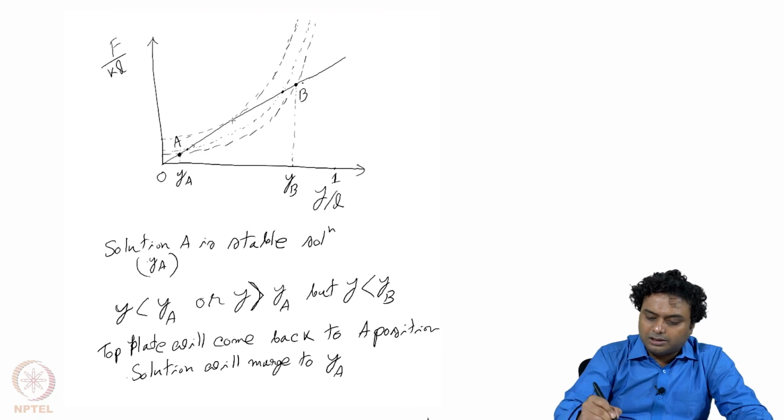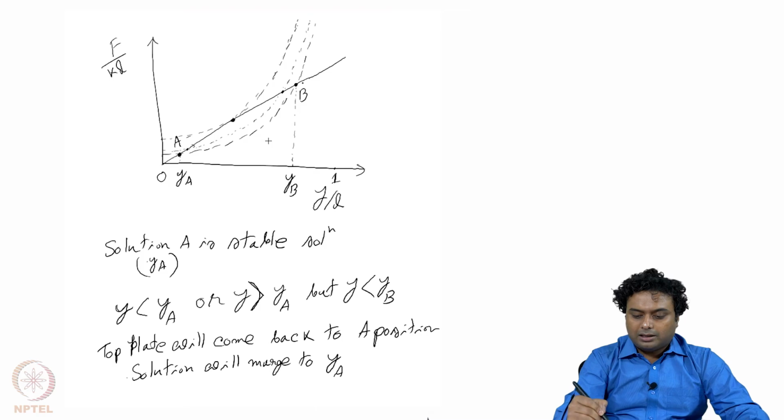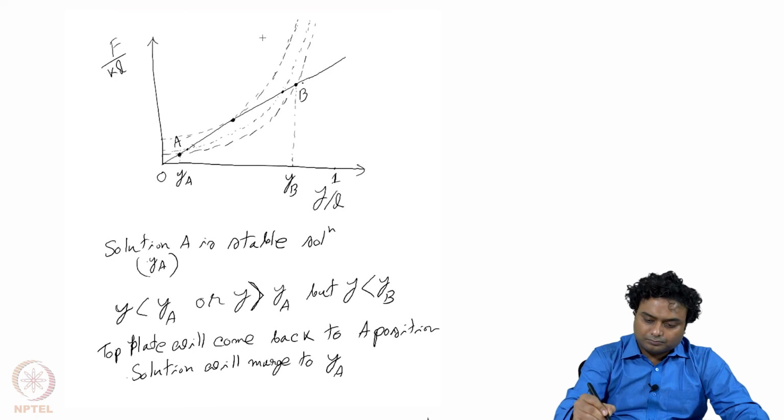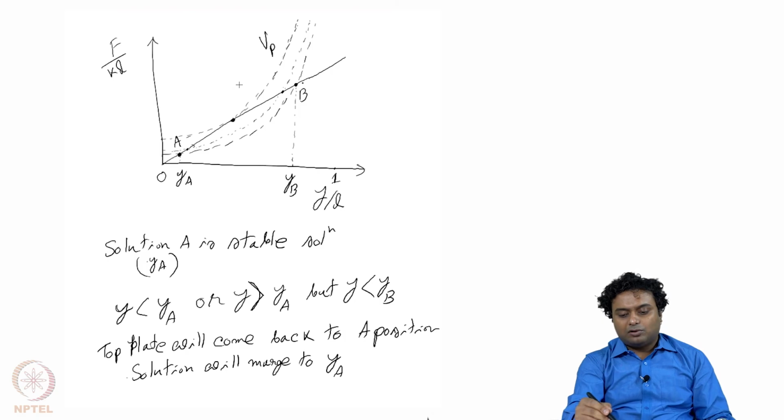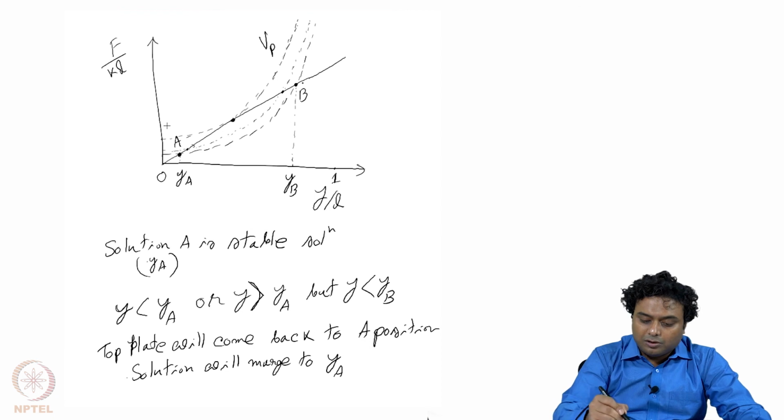And this voltage where the elastic force and electrostatic force match only at a single point is called the pull-in voltage or Vp, because above that voltage, at any voltage, there is no point where the mechanical force is higher than the electrostatic force, because above the pull-in voltage the electrostatic force will go like this.